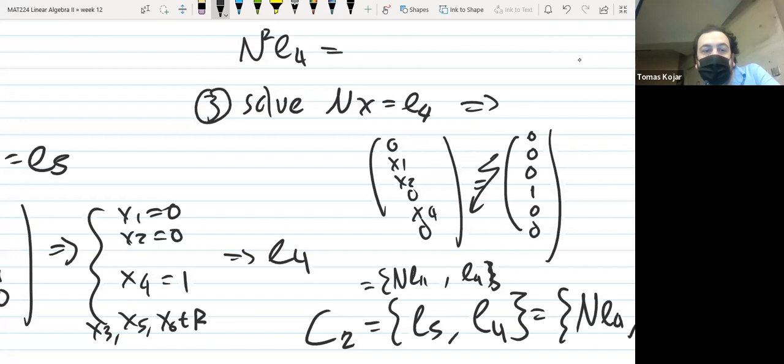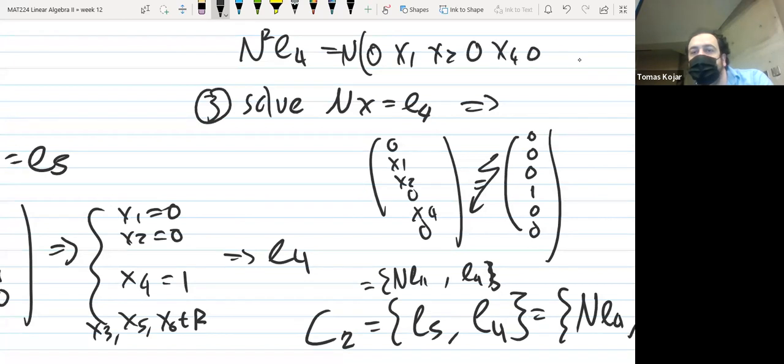So I'll do it here just to convince you that N e4 would be 0. So we have N of (0, x1, x2, 0, x4). Let me write it this way: (x1, x2, 0, x4, 0).